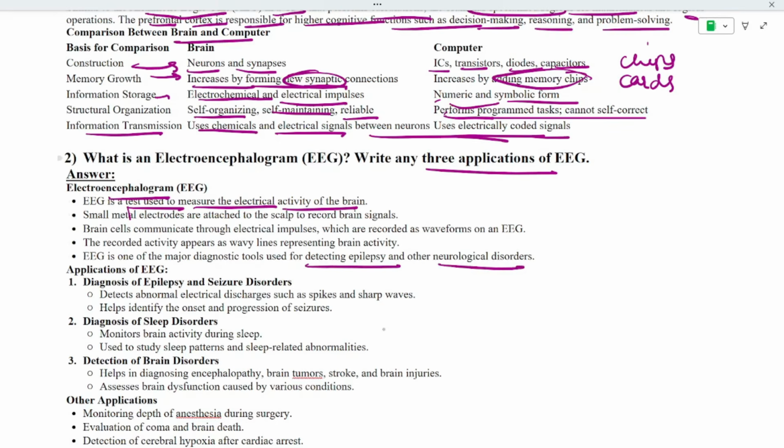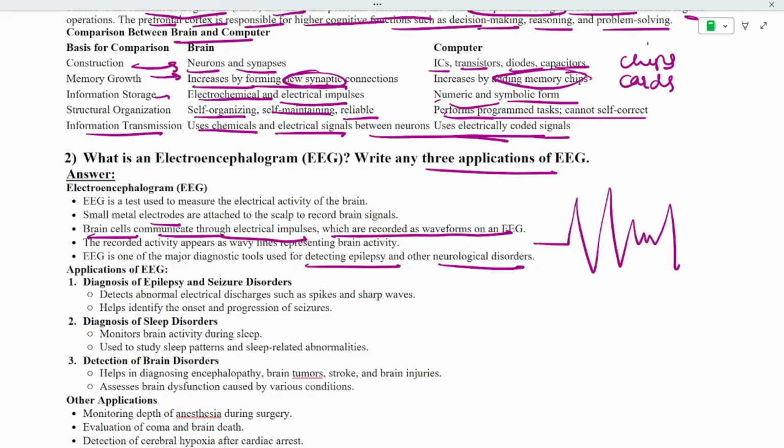How it is done: small metal electrodes are attached to the scalp of the person undergoing the test to record the brain signals. The brain cells communicate through electrical impulses, which are recorded as a waveform. The recorded activity appears as wavy lines representing the brain activity.